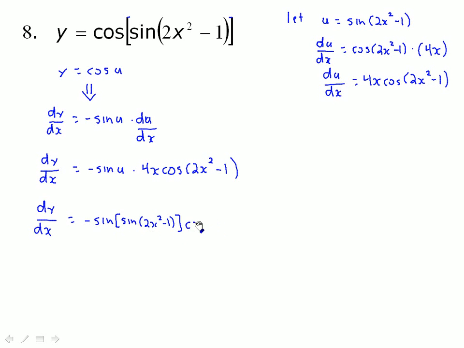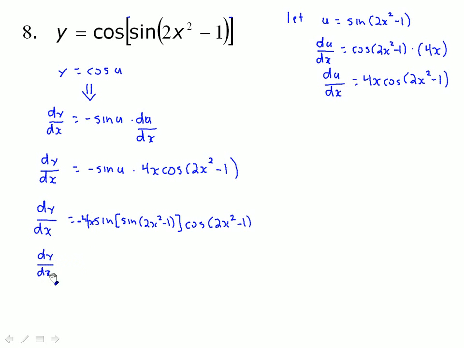Now I'm going to take this cosine of 2x squared minus 1, and 4x should be written in the front anyway. So I'll put that 4x in the front, and then I'll put a negative there. And so I'll rewrite that just to make sure that there's no real problem with it.